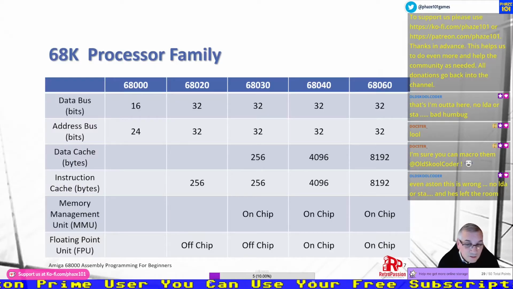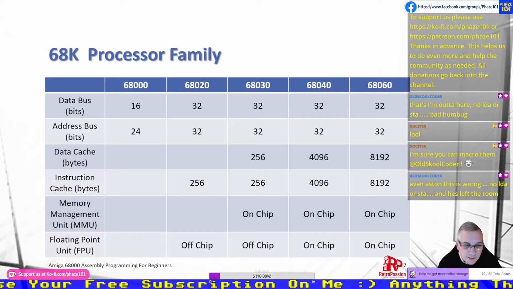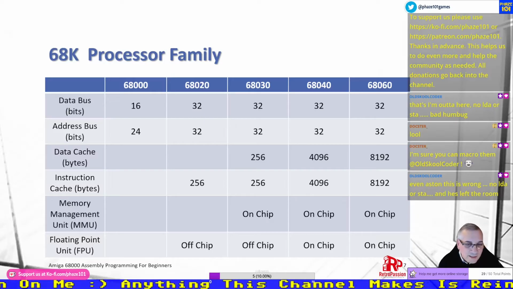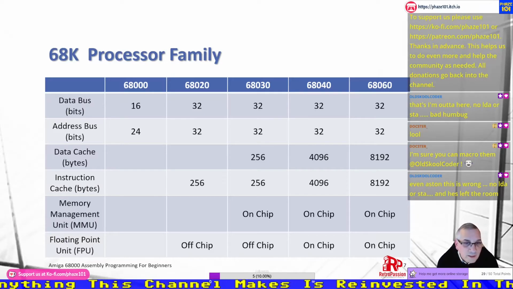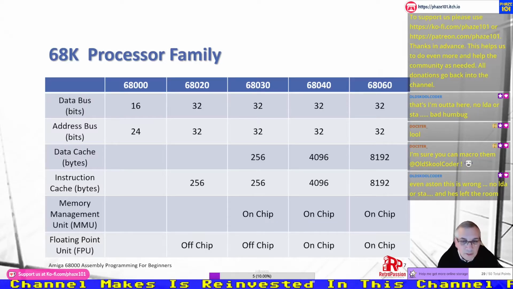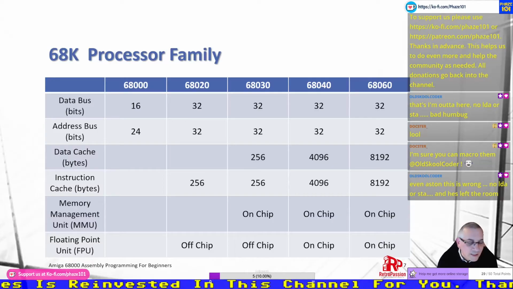Data cache. From the 68030 onwards, the CPU has data cache, okay? And you can see the various sizes. Now, this one is important. Instruction cache. The 68020 has got an instruction cache, okay? Hence, why it is also faster, because it can read, let's say, or remember instructions that it read.